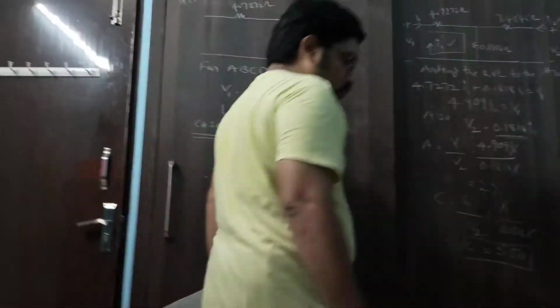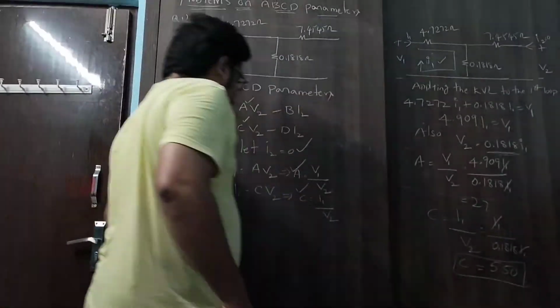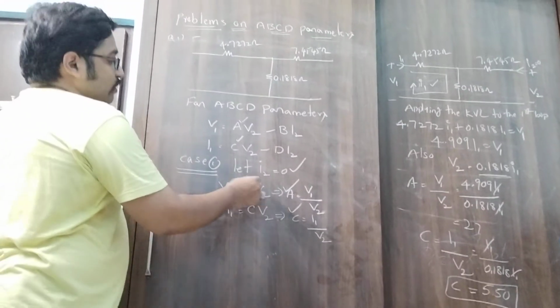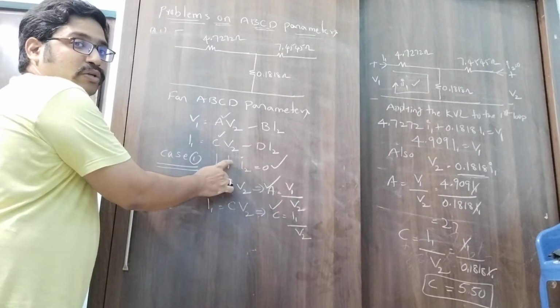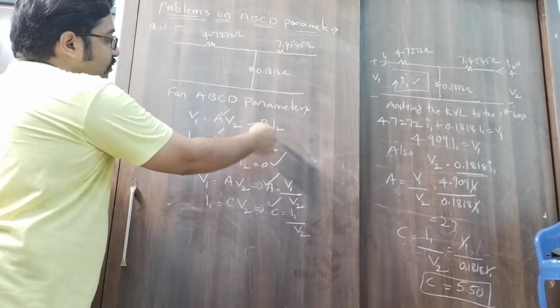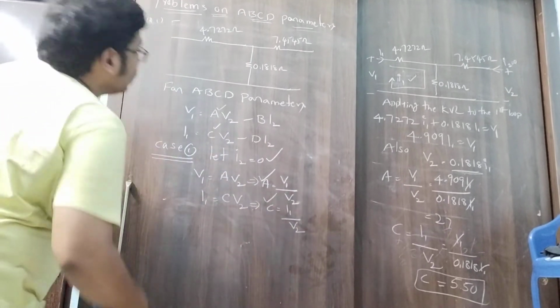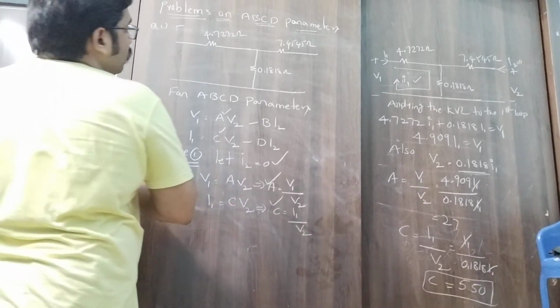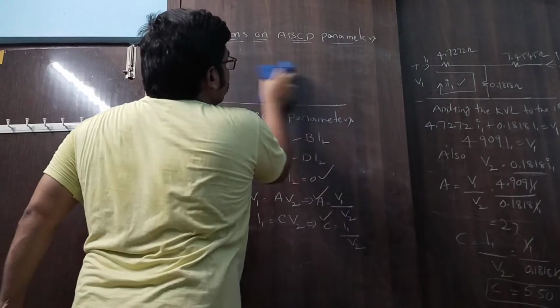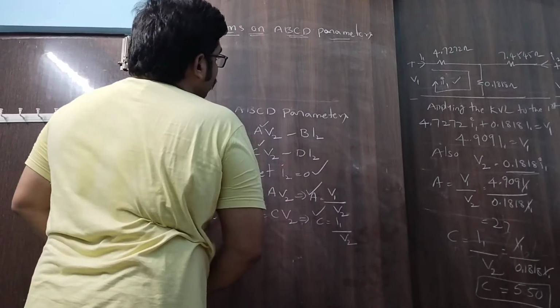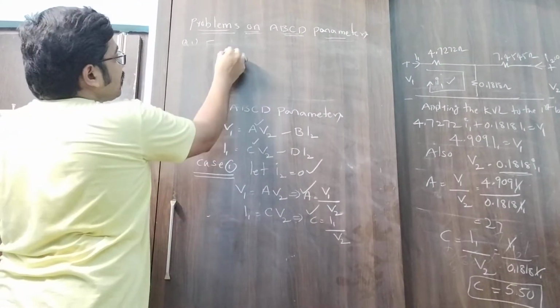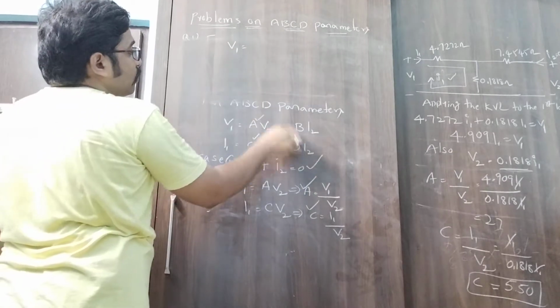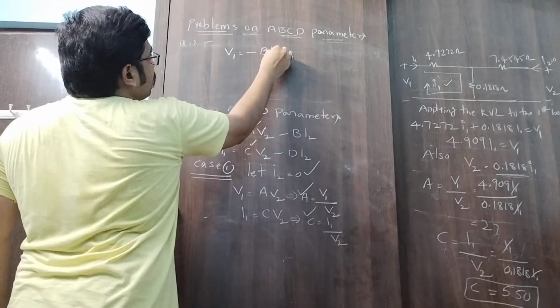Next case, what you need to do in the next case is make V2 equal to 0. So case 1, I2 is equal to 0. Next case, you need to make V2 equal to 0. When you make V2 equal to 0, you are going to get V1 is equal to minus B times I2.